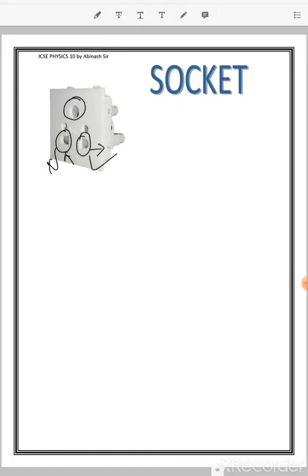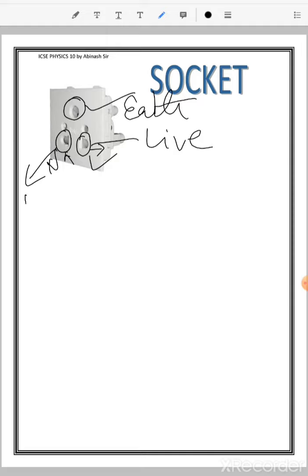So as I said, this is my socket. This is my earth, this is my live, this is my neutral. So just the opposite of the plug. In the plug, live was on the left side, in the socket live is on the right side. Alright, so this is how we can remember.